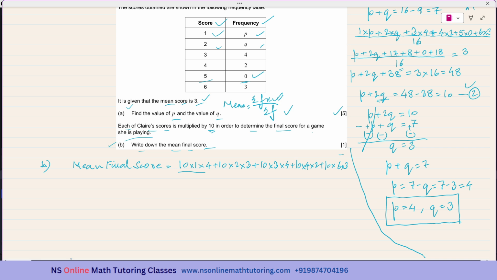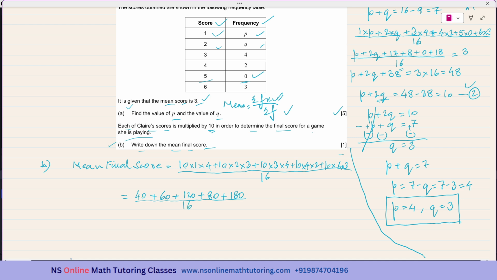Because the frequency is still the same, the denominator will be equal to 60. Okay, so this is equal to 10 times 1 times 4 is 40, plus 10 times 2 is 20, times 3 is 60, plus 10 times 3 is 30, times 4 is 120, plus 10 times 4 is 40, times 2 is 80, plus 10 times 6 is 60, times 3 is 180, divided by 16.